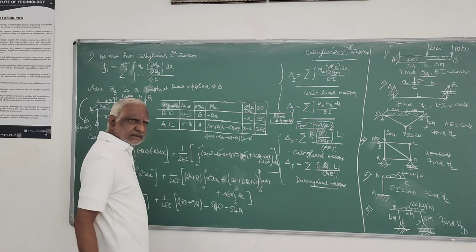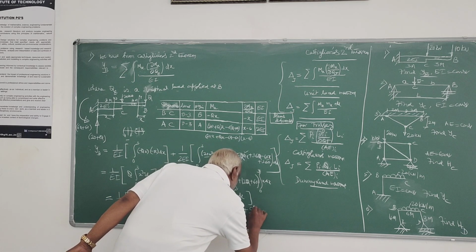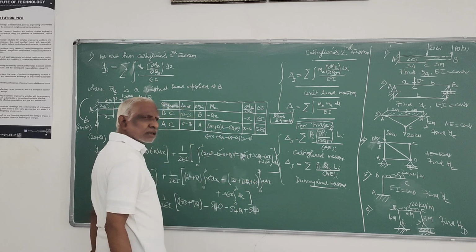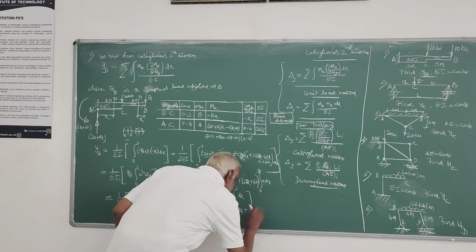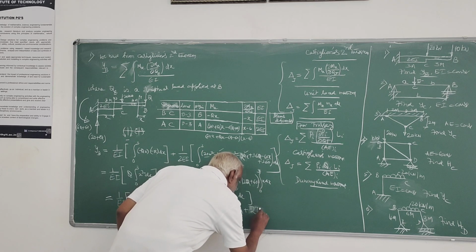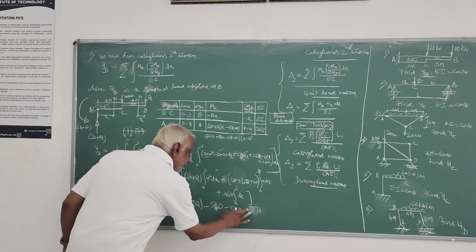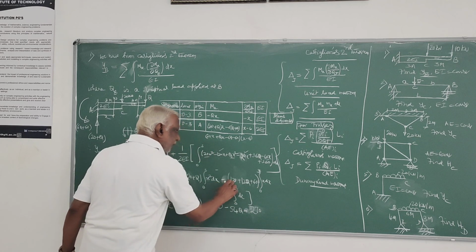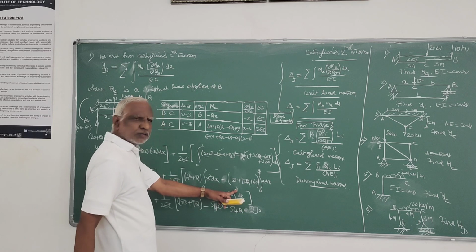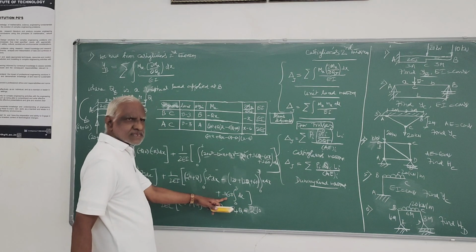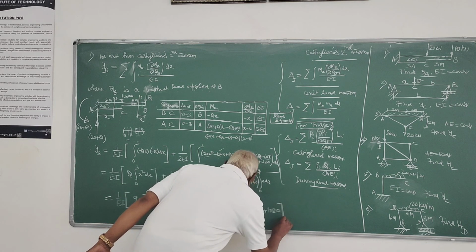Then this is 60 into 9, that is 540, so 60 into 4.5, that is 270. All minus. Then this integral dx is x. I will put the upper limit 3 into 360, plus 1080.